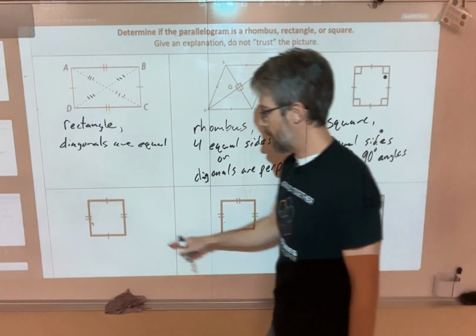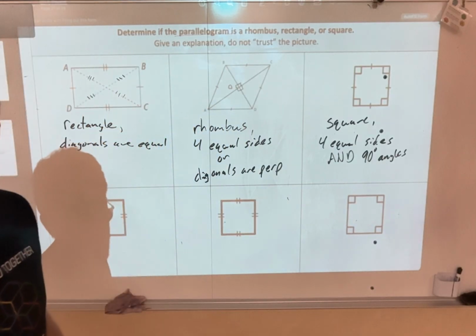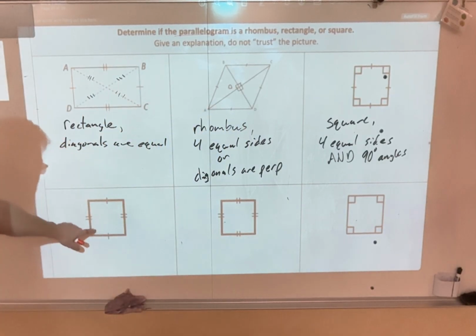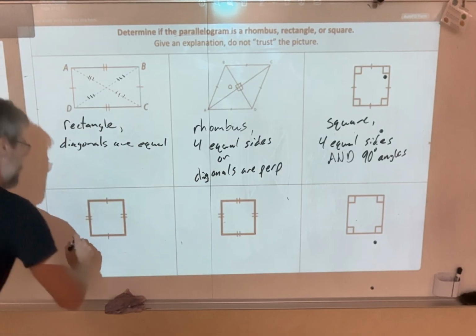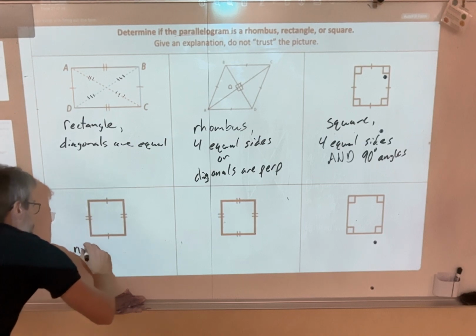All right, moving on to our bottom one. Now this one, we don't have enough information. It certainly looks like a square. We maybe think it looks like a rectangle because we've got opposite sides and it kind of looks like a 90-degree angle there, but technically we don't have enough information for this one.